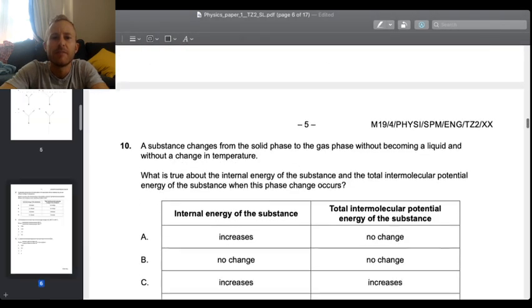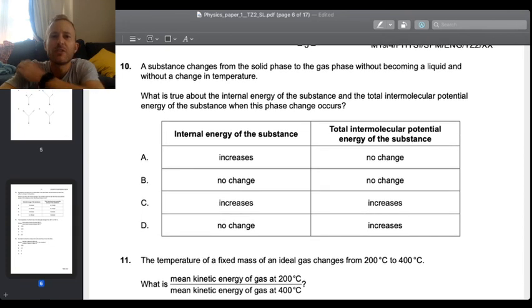Number 10. A substance changes from solid phase to the gas phase without becoming a liquid and without a change in temperature. What is true about the internal energy of the substance and the total intermolecular potential energy when this occurs?